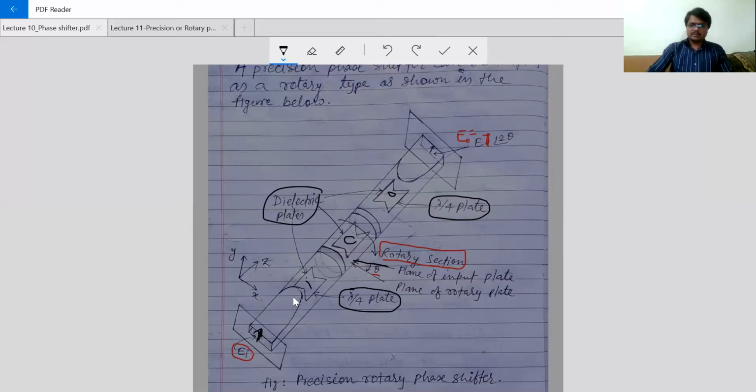This EI has some phase, let us suppose 0, and the output will depend on the angle of this one. If this rotary section is rotated by theta, the phase difference between the obtained two waves, one through outside this with the same.